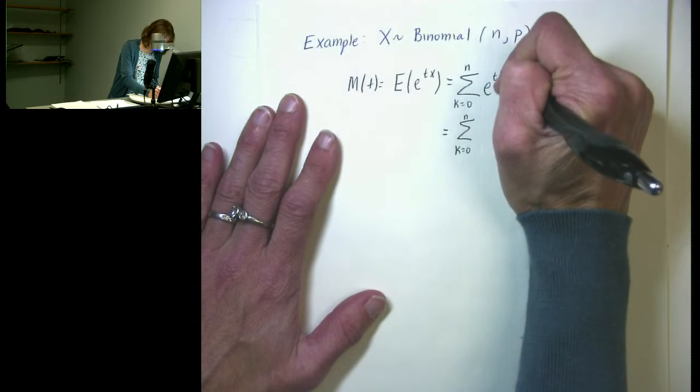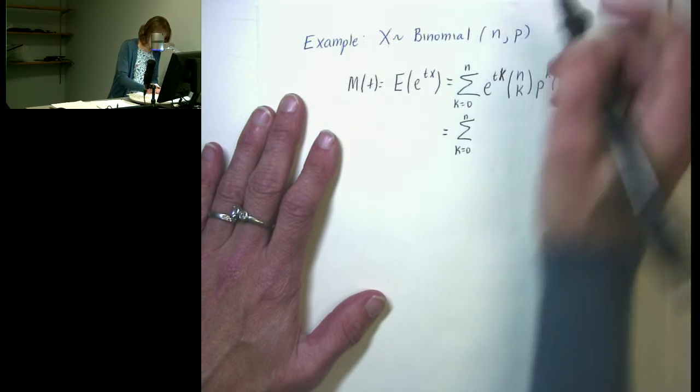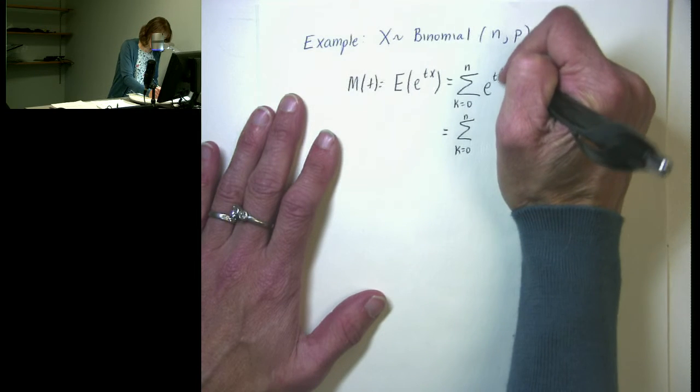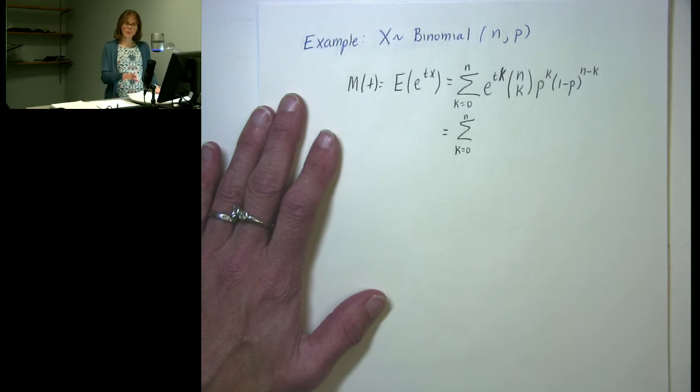Sorry, this should be k. Right? There we go. E to the tk. K is taking the place of my t. Just want to be consistent so that when I simplify, things make sense.